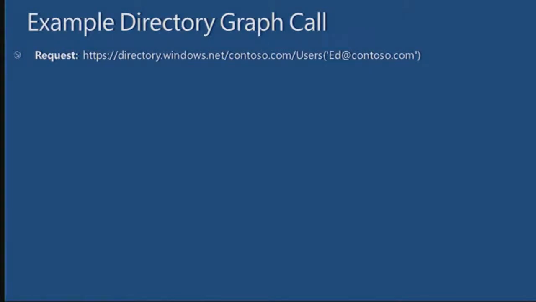And Ed obviously exists in the users container, and he exists at a directory called contoso.com, at directory.windows.net. So that would be a request for any information about this user called Ed, and all of the attributes that I have the permission to see would be returned. Let's have a look at what that return looks like.